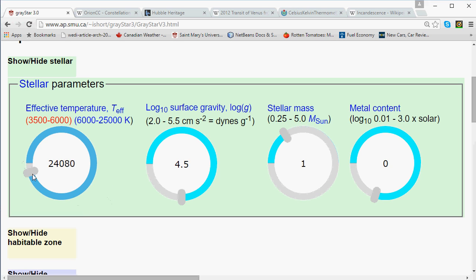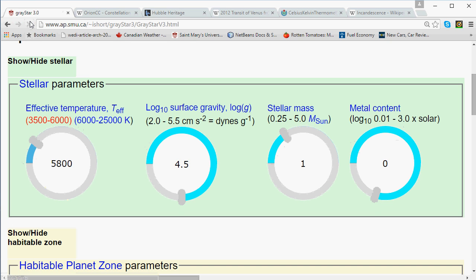So first I would need to fix that. I want to put this back to the sun's value, but that's a little bit of a problem, because maybe I don't quite remember what the effective temperature of the sun is, and so I don't quite know where to set this. However, not to worry, because there is a very easy way to get Gray Star 3 back to the sun's values if you get lost, and that is simply to hit the reload button.